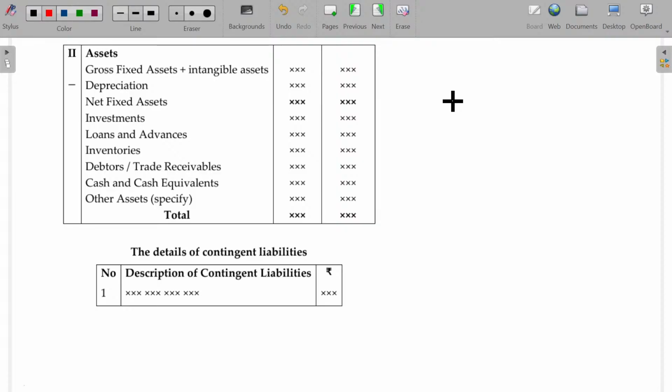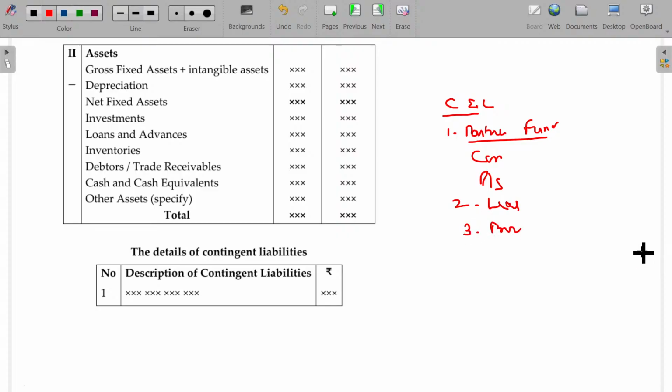So in case of the balance sheet, we start with contribution and liabilities. In contribution, partners fund. What do we have under partners fund? His contribution, and another one is reserves and surplus. Second one is liabilities. Third one is provisions. In case of assets, you have to start with gross fixed asset minus accumulated depreciation, and you will get net fixed asset.